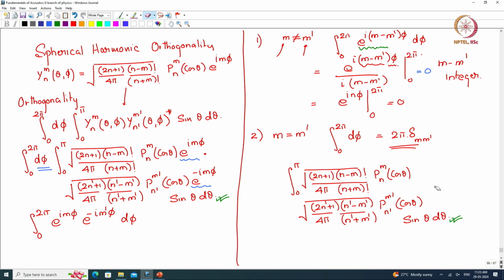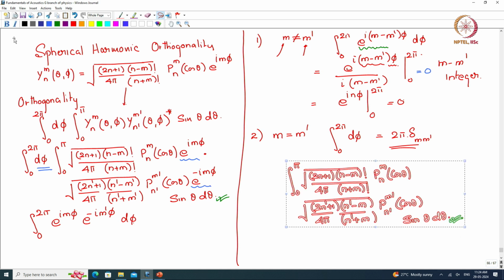And in here the m and m' have to be the same, so I will remove the dash. So this is what we have ended up with. Now we have to do the theta integral.